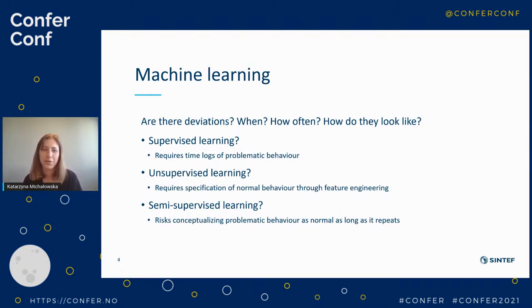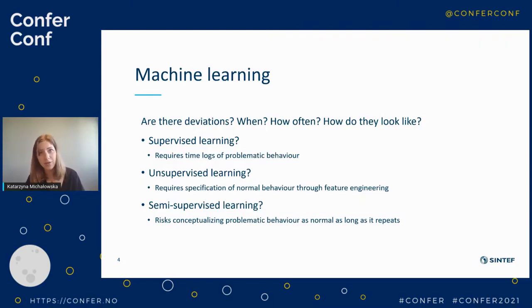The natural thing to do would be to use unsupervised learning. But we actually do not know exactly what we're looking for yet, because here we would have to focus on engineering some features that would be indicative of abnormal behavior, or would allow us to discern this abnormal behavior from the normal one. We don't know how to do that yet, so we cannot use it straight away.